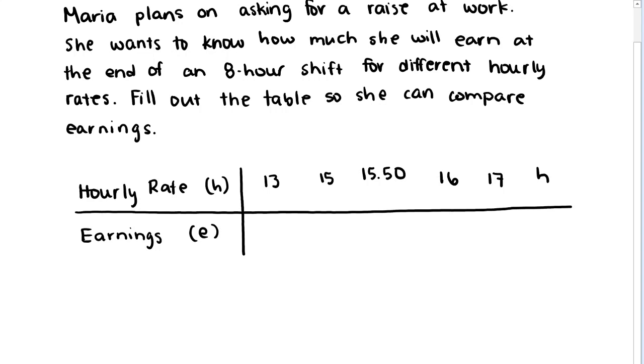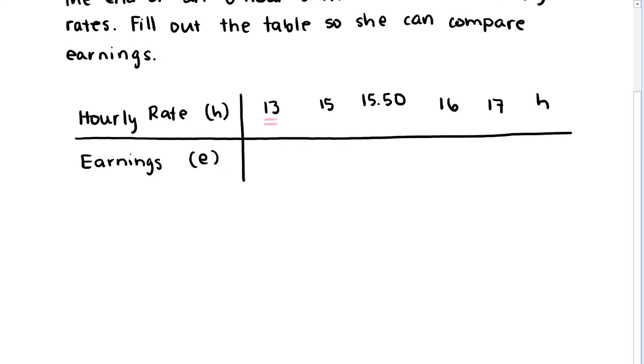And so let's start with this example, 13 here. So if she works 8 hours and she's getting paid $13 per hour, how much would she earn? We can imagine computing that by taking 13 and adding it onto 13 8 times. Here this would be 13 plus 13 plus 13 plus 13 plus 13 plus 13 plus 13.